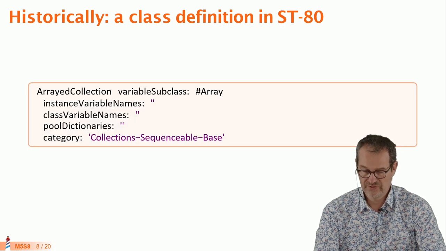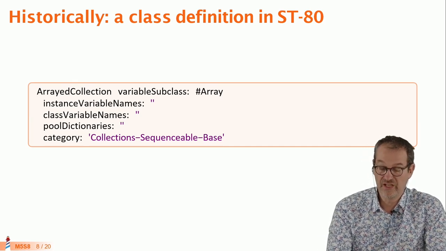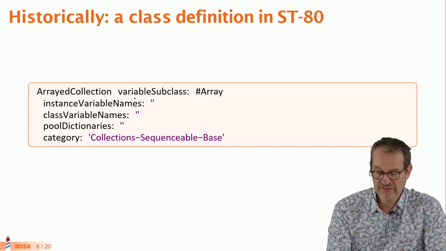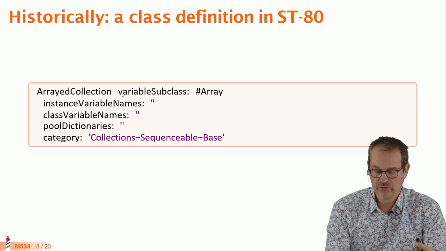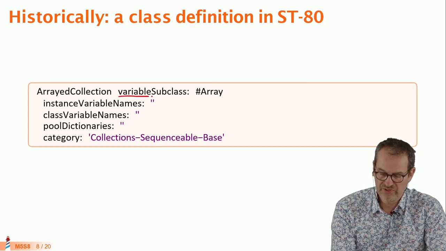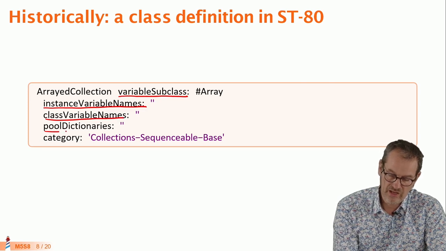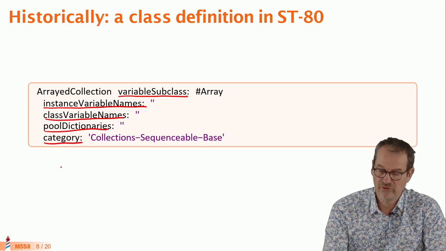So Pharo is originally inspired by Smalltalk 80. And in Smalltalk 80, one of the ways to create a class, for example a class with a variable part, where the instances have a variable part, we will use this message, variableSubclass:instanceVariableNames:... So this is already 5 parameters.